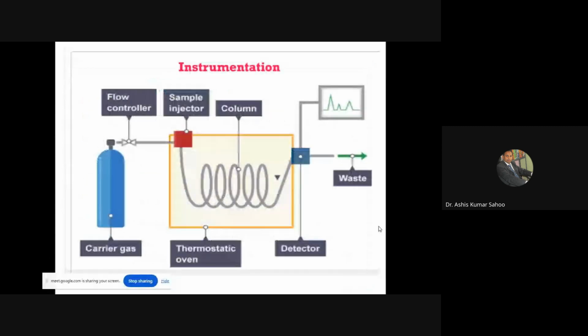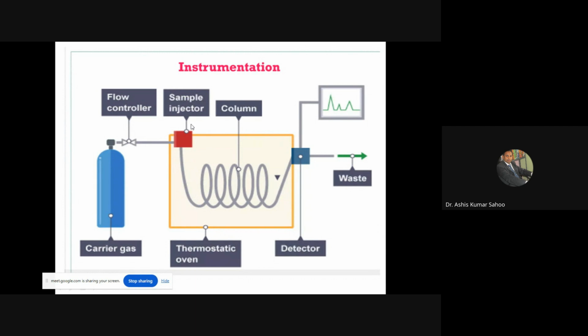So what is the instrumentation? How is gas chromatography designed? What are the different instrument arrangements in the process? First, the carrier gas is filled in this cylinder, and a flow control will be there. Here is the sample injector, where we can inject the sample.